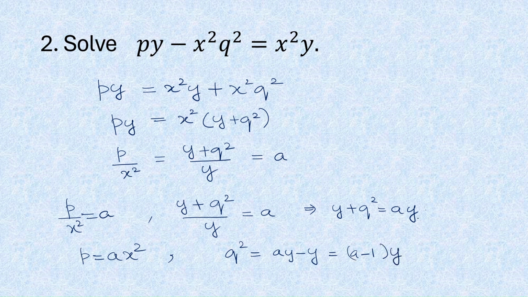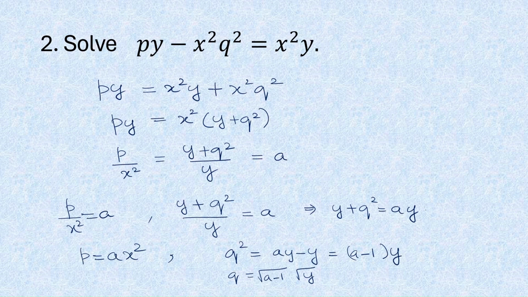Now again we have to remember the equation, and moreover q square is this, but we want only q. So taking the square root on both sides, we have q is equal to root of a minus 1 into root y. Now we have to remember the equation dz is equal to p dx plus q dy. So dz is equal to, p is nothing but a x square.